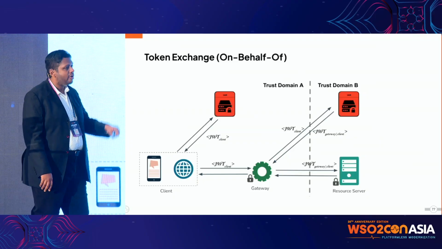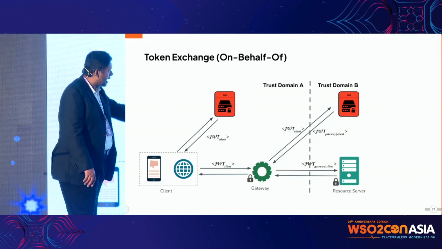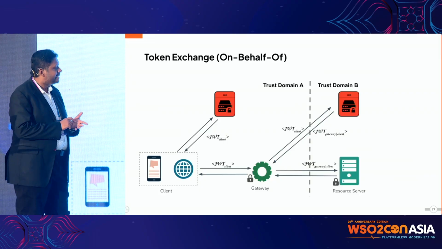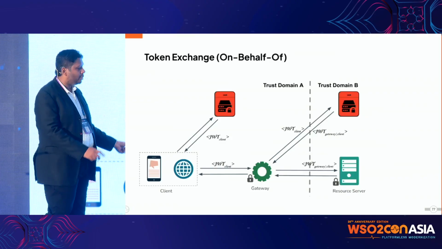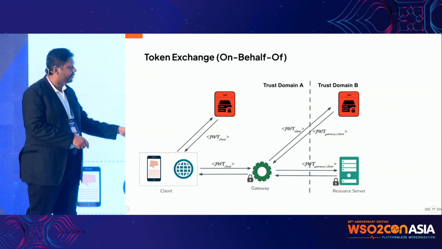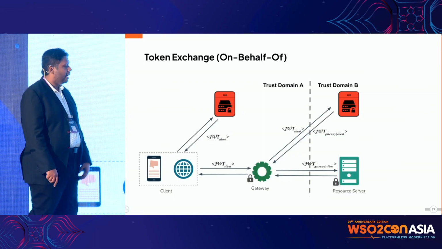What the domain B authorization server is going to do is validate the token that the client sent, and give back a token that is issued for the gateway, but on behalf of the client. So the information is encoded in the token, saying this token is issued for the gateway on behalf of the client, and then the gateway is going to call the resource server.